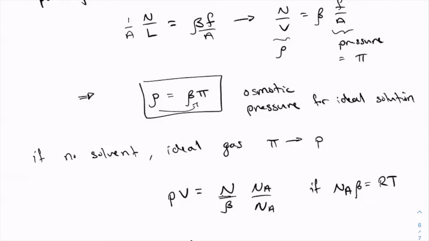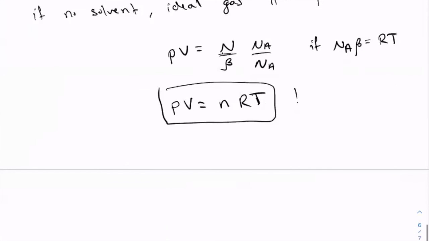That PV is equal to, let's say N over Na is a little n, number of moles, times Na times beta, that's RT, nRT. And PV equals, hey, PV equals nRT. That's a result you know. We've just stumbled across the ideal gas law, again, just from a simple postulate that says, in an isolated system, all microstates are equally likely. We've just derived the ideal gas law from that simple postulate.